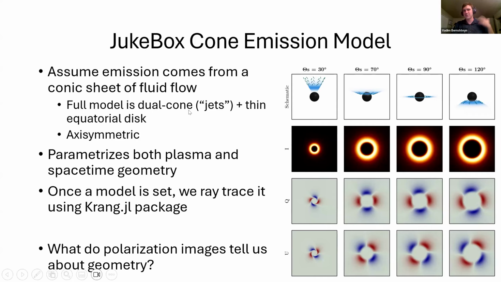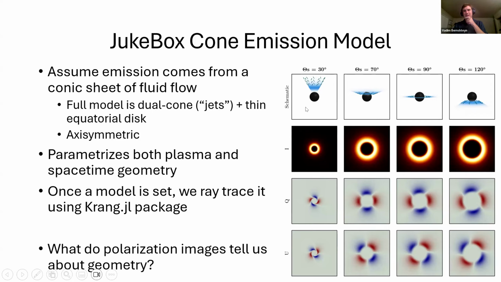The full model includes three conic surfaces, which correspond to the thin equatorial disk and the two surfaces of the jets. But because we're doing a qualitative study of how beta-2 relates to the geometry, we make our life simpler and only consider one conic surface.